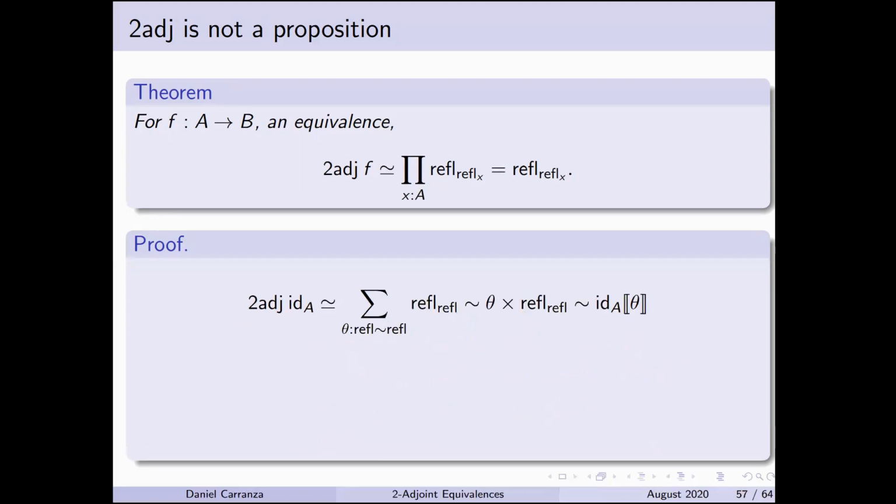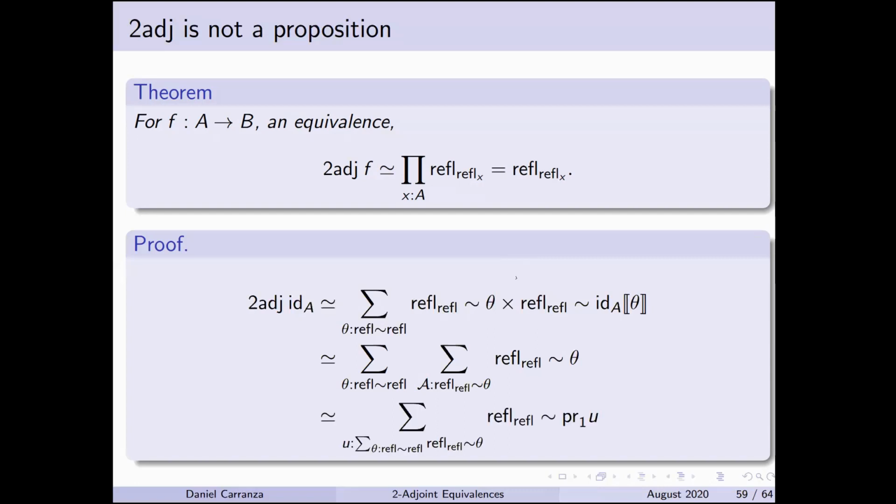So once I have a type that looks like this, I'm going to take this product and write it as a sigma product. I'm also going to take this time to simplify identity on theta down to just theta. I'm going to use sigma associativity to bring these two together.